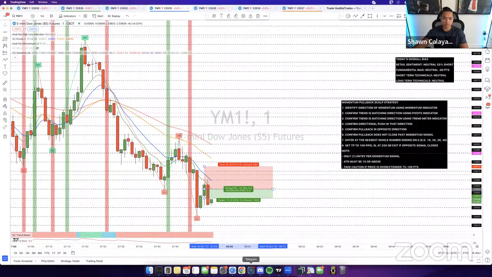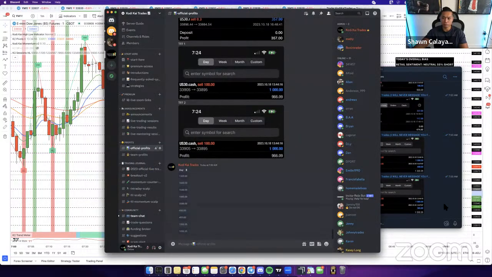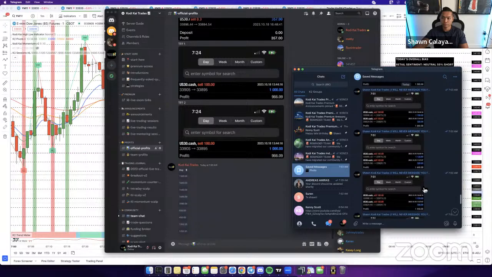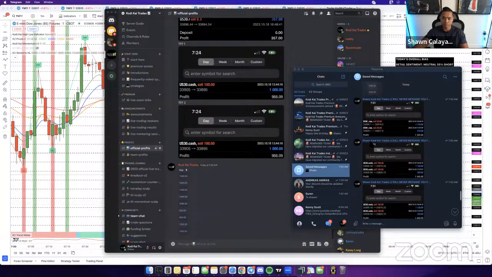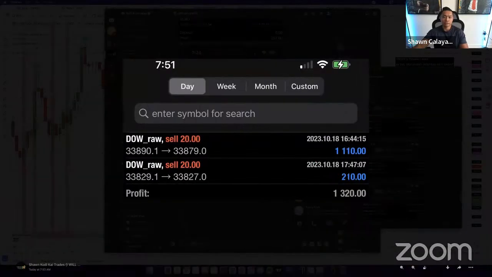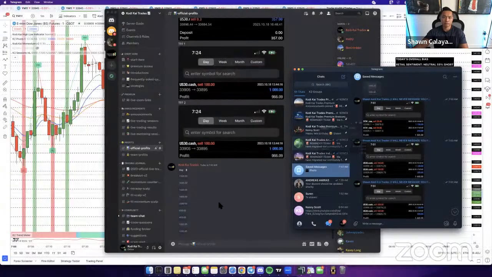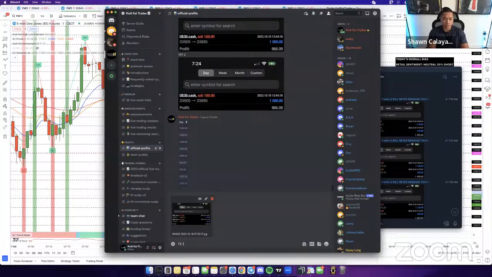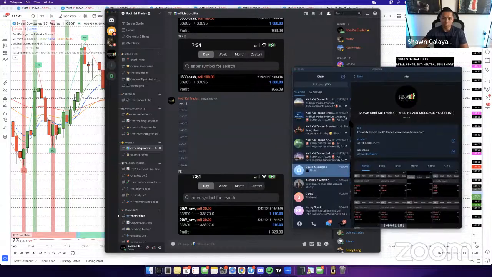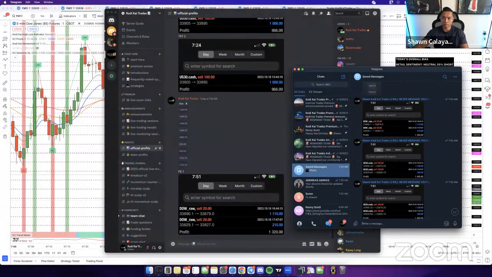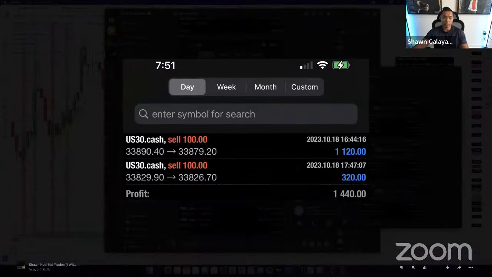Let me go ahead and just transfer my profits over real quick to the Discord. So here's my funded engineer account. I took that second trade, total profit of 1,320. That's the funded engineer number one. Here's my FTMO. I locked in 1,440.